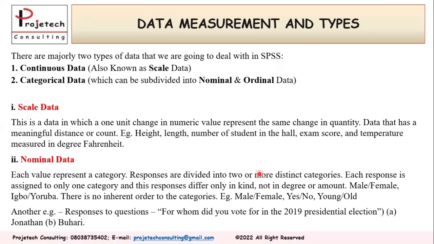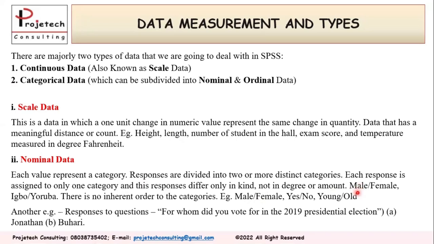Each response is assigned to only one category, and these responses differ only in kind, not in degree or amount. Now, what this means is that in nominal data, you can have different categories, but there is no inherent order to those categories. These are categorizations that are not ordered.